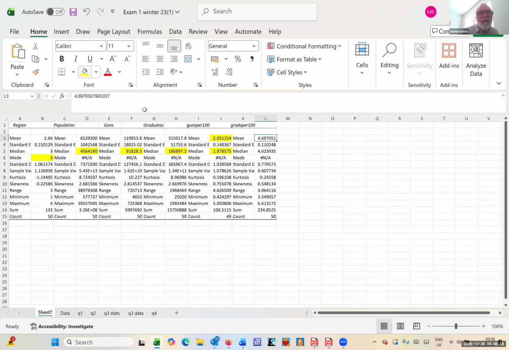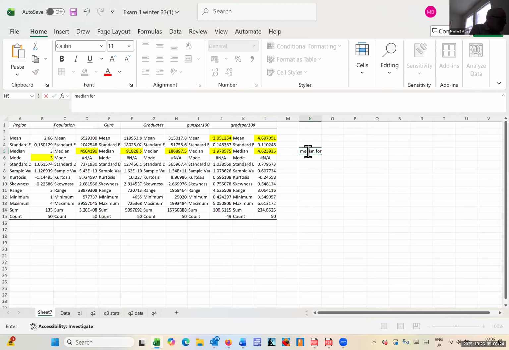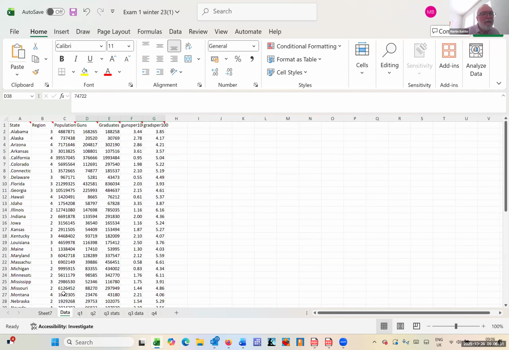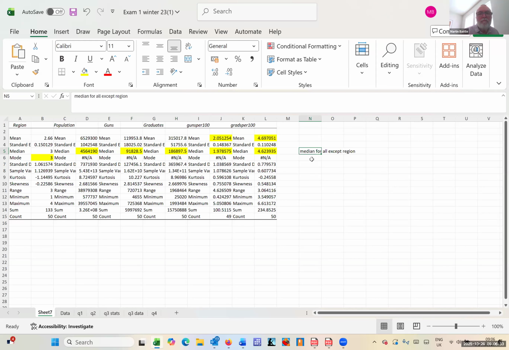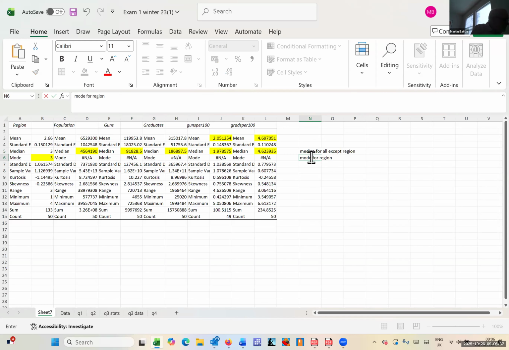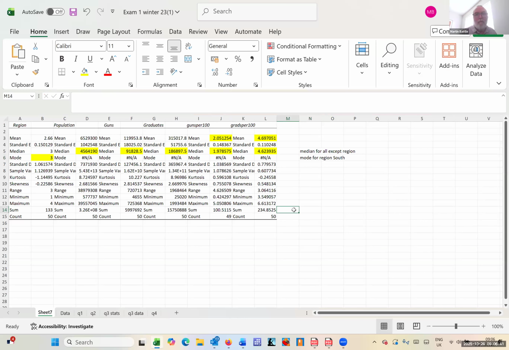I think I would probably report the median for all of them. And region would be, so let's have a look, 3, so that's the south. But that's how I'd report that.